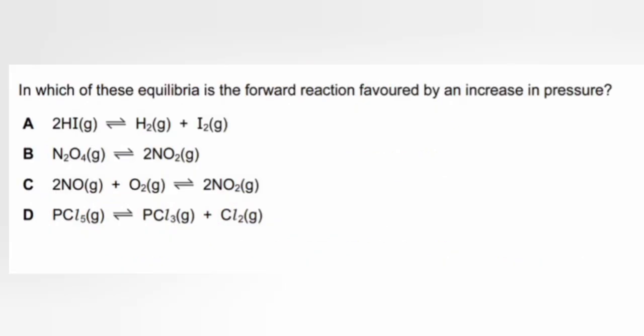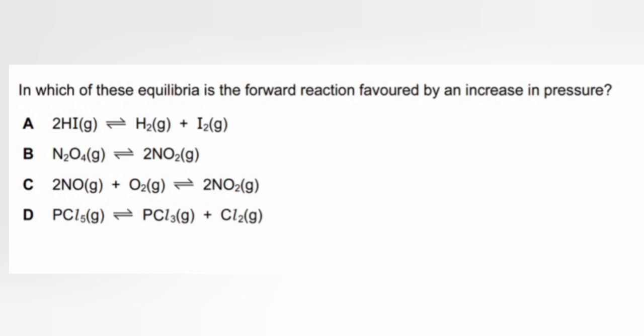In which of these equilibria is the forward reaction favored by an increase in pressure? Increase in pressure moves towards the fewer moles of gas, so we want the forward reaction to be favored. For the forward reaction to be favored, the product side must have the fewer moles of gas. So in A, the reactant side has 2 moles, product side also has 2 moles, no effect of pressure.